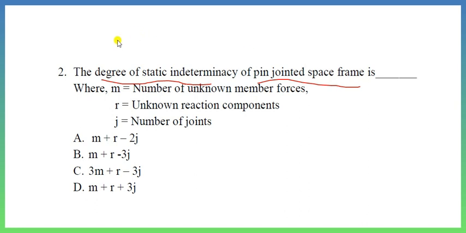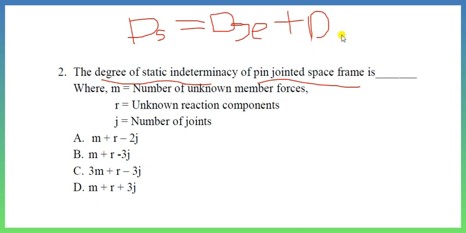As we know, the degree of static indeterminacy is denoted by D suffix S. In this, if we add the degree of external indeterminacy, D suffix SE, plus the degree of internal indeterminacy, we will get the degree of static indeterminacy for the pin jointed space frame.